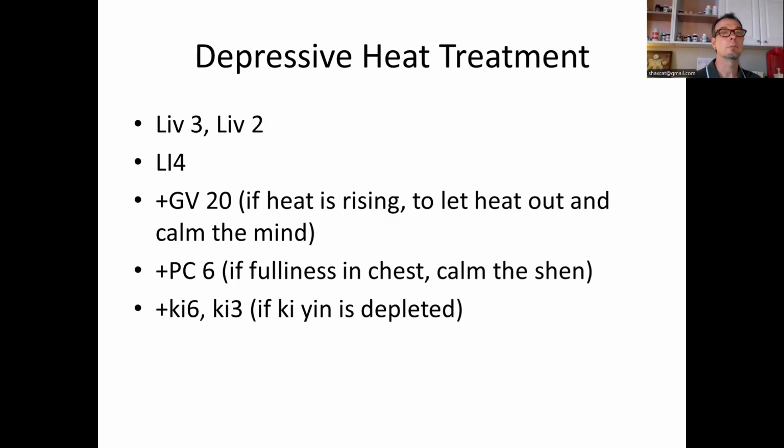It's the fire point. Governor vessel 20, if the heat's rising up in the head, can be considered like the little chimney. It lets heat out and helps calm the mind. PC6 is for fullness in the chest and helps calm the shen.